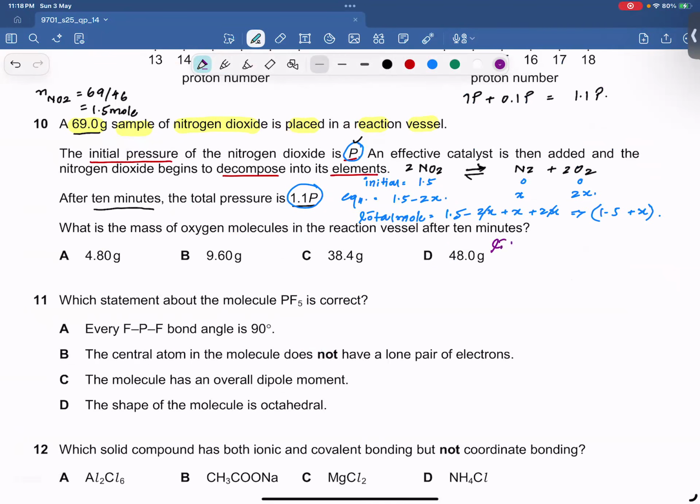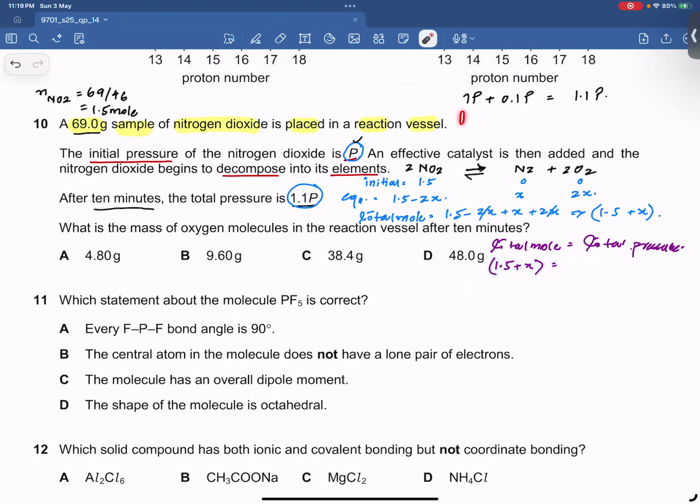Total moles equals total pressure. Total moles is basically 1.5 plus x equals total pressure is... Total pressure. Okay, this means that the pressure was at 1.5 moles, 0.1 was added, and what was the total pressure? 1.5 plus x. Okay, I hope it makes sense to you.